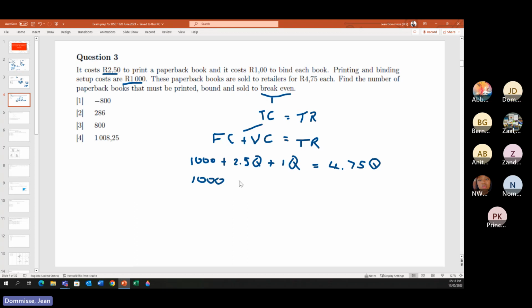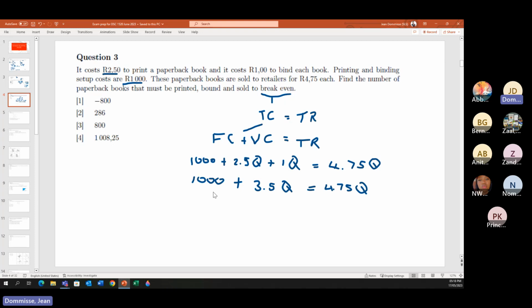It is 1,000 plus 3.5 Q. On the other side, 4.75 Q. Okay, so I'm going to take that over to that side. So we have 1,000 is equal to 1.25 Q.